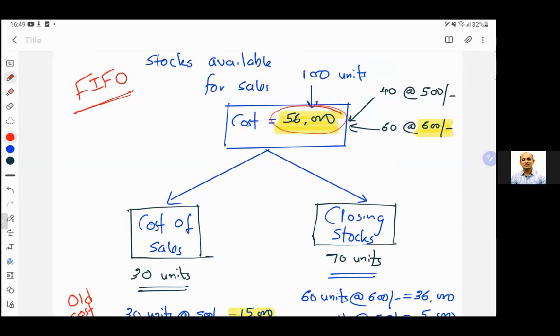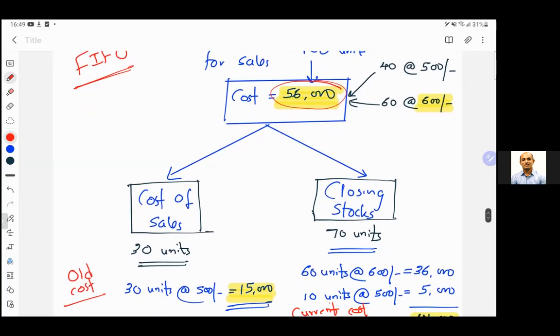Now this is what happens in FIFO, LIFO, or weighted average cost method. So this is your learning point. In these costing methods, you take the cost of the stocks available for sale and allocate it between cost of sales and closing stock.